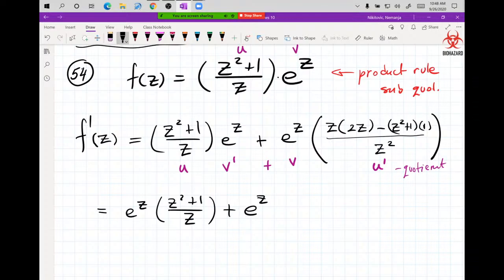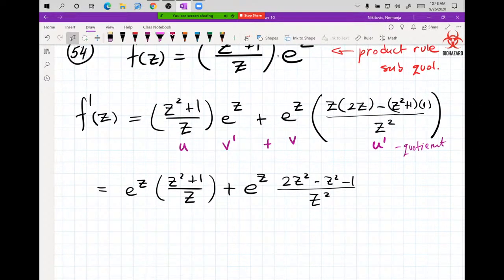But anyway, I have 2z squared minus z squared minus 1 divided by z squared. So we factor out e to the z. We're left with z squared plus 1 over z, plus over here we have z squared minus 1 over z squared.